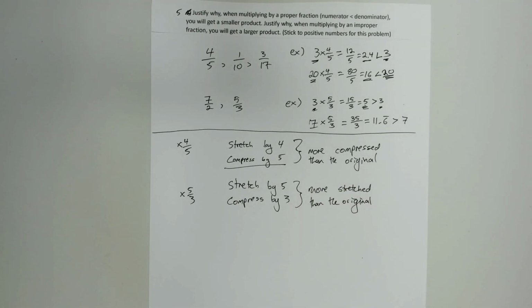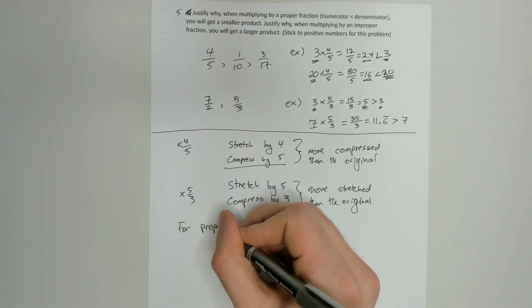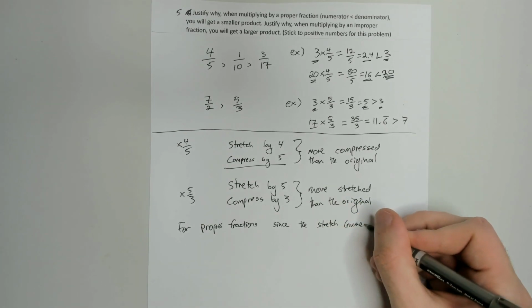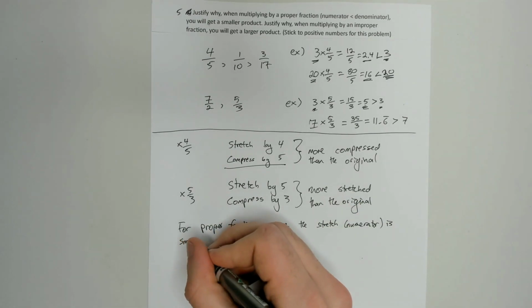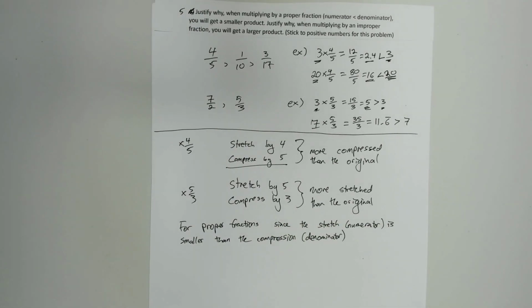And this is really cool, because by noting that fraction multiplication has both this stretching and compressing part, we can see which part does more. Is the stretching stronger, or is the compression stronger? For proper fractions, since the stretch, which is the numerator, is smaller than the compression, which is the denominator, when we apply this double action, we get a number that ultimately got more compressed.